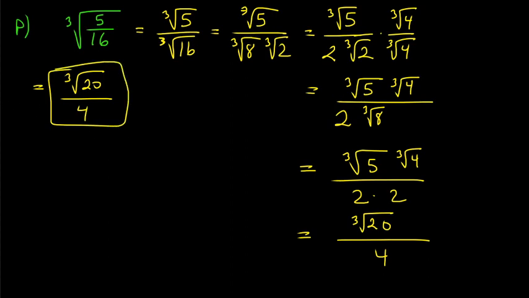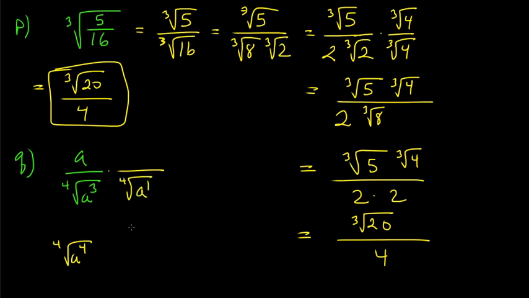Okay. And part Q, I really wouldn't bother with this, but oh, let's do it anyway. So we have a over the 4th root of a cubed. So the way to get rid of the 4th root of a cubed is to make it the 4th root of a to the 4. So how do I go from 3 to 4?